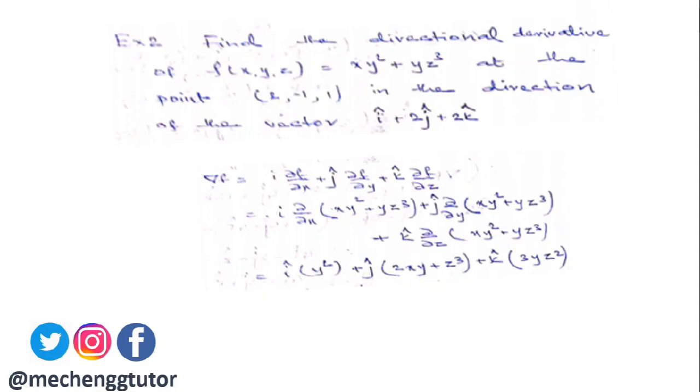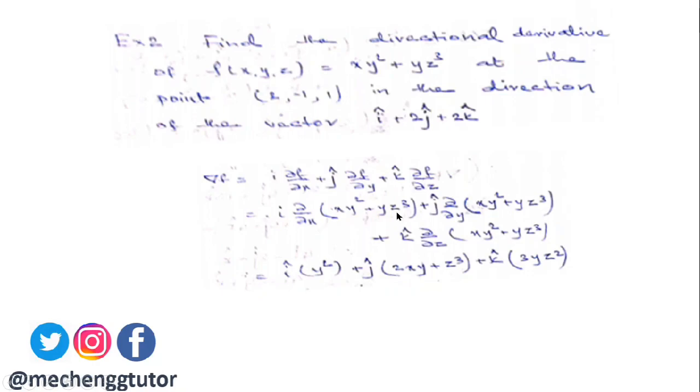Then i into dou by dou x, substitute for f, that is xy square plus yz cube, plus j into dou by dou y of f value only, plus k into dou by dou z of f value only. And partial derivatives you are all familiar with. First one, it will be i into y square, because other term will become 0.